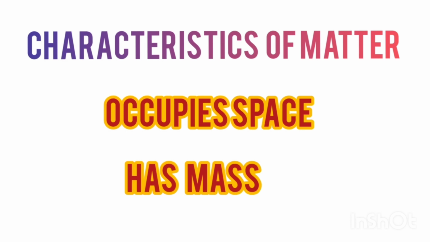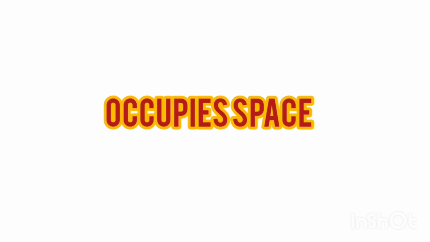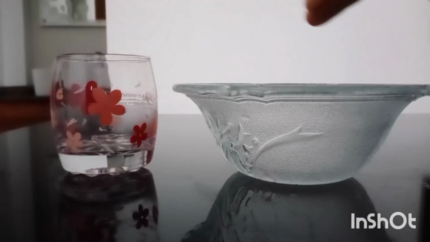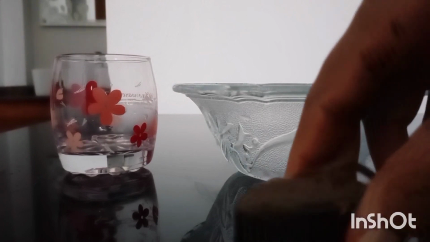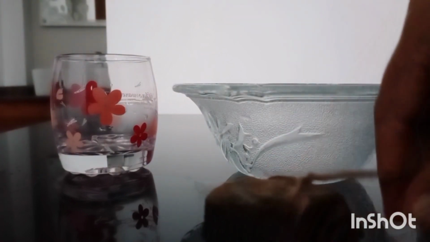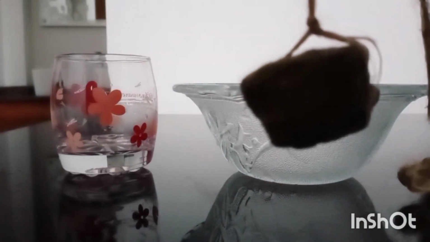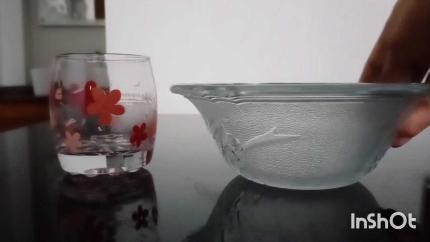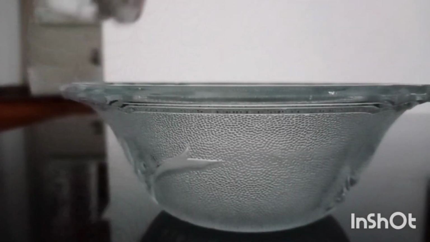Now, let us do an activity to show that matter occupies space. For doing the activity, we need a glass tumbler, water, a stone, a piece of thread, and a glass bowl. Let us take a glass tumbler and place it in a bowl.